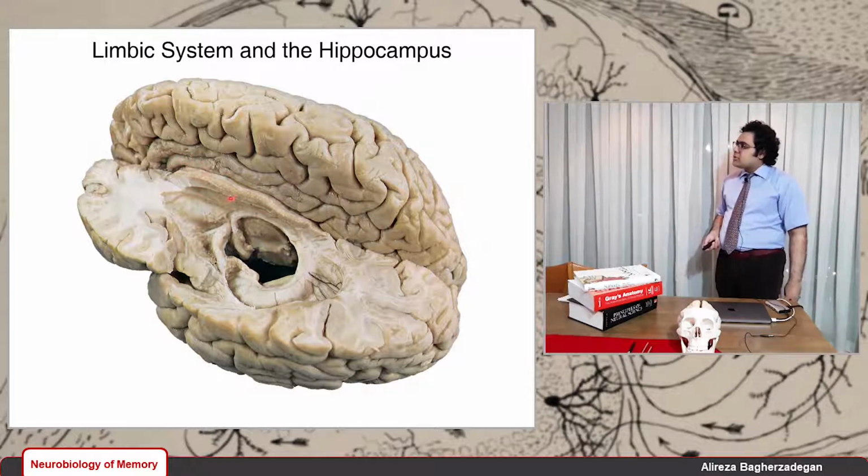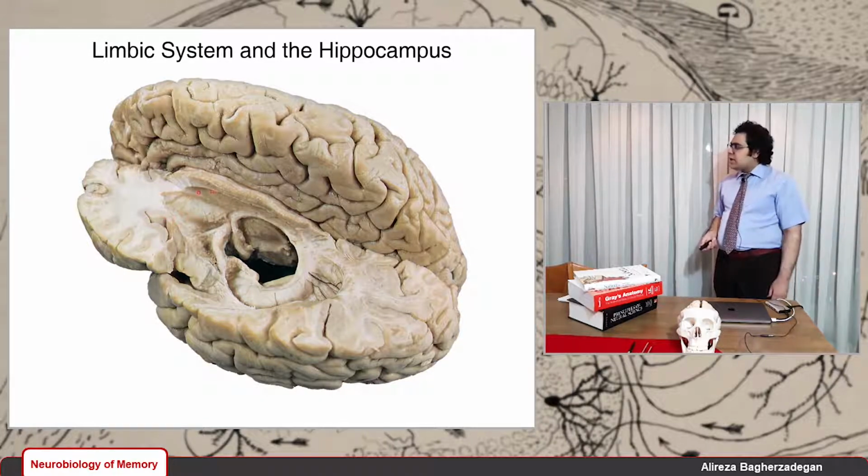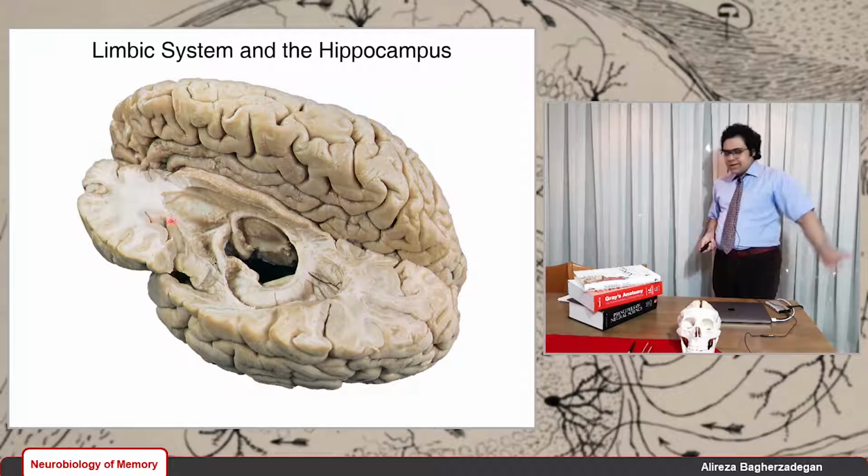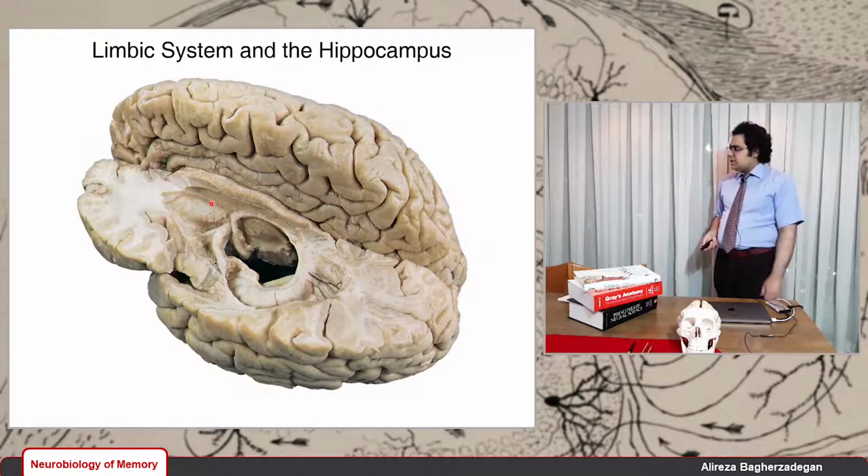Exactly above the corpus callosum, we have the cingulate gyrus. Here we have the head of the caudate nucleus. The caudate nucleus is part of the basal ganglia in the brain. I wanted to present a new lecture series on basal ganglia, but I decided not to because this is enough. I may do that in the future.